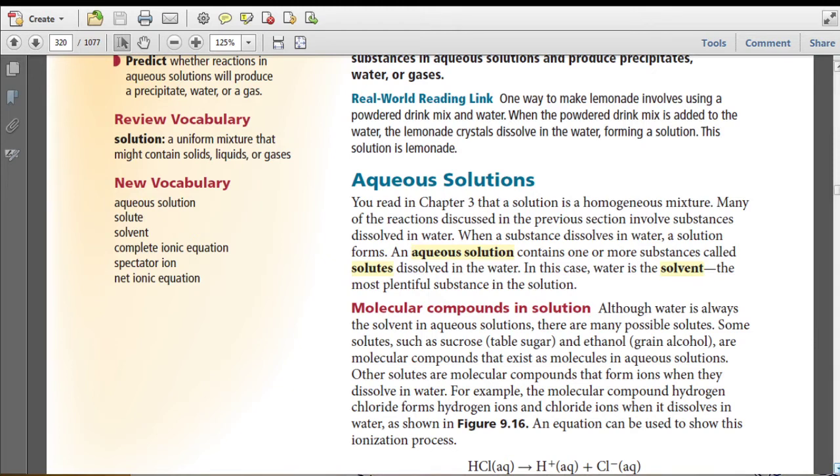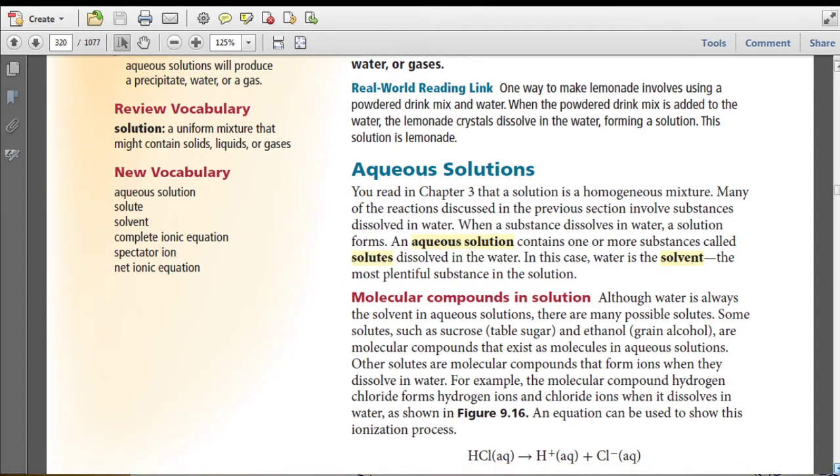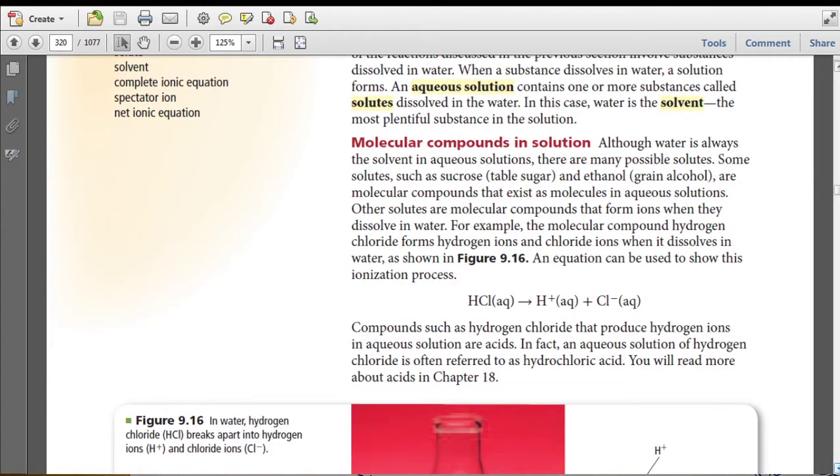For example, the molecular compound hydrogen chloride forms hydrogen ions and chloride ions when dissolved in water. An equation can be used to show this ionization process, where hydrogen chloride breaks down into hydrogen ions and chloride ions.